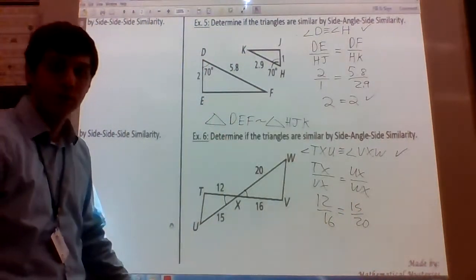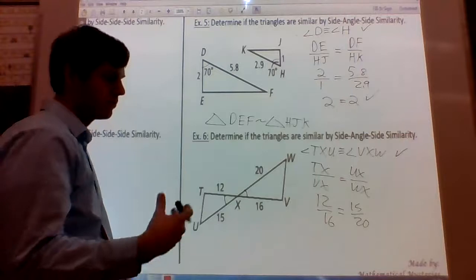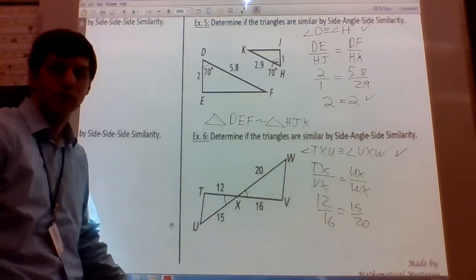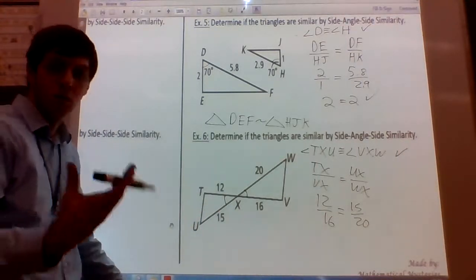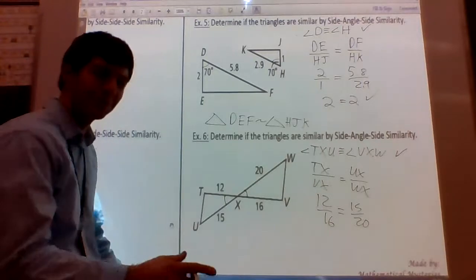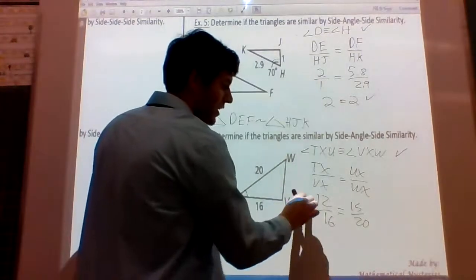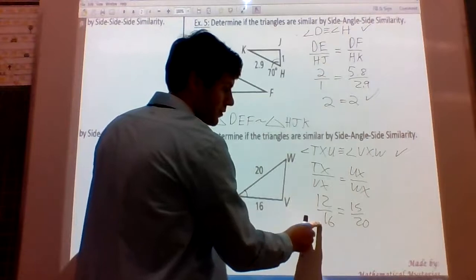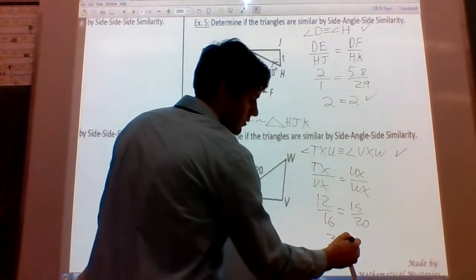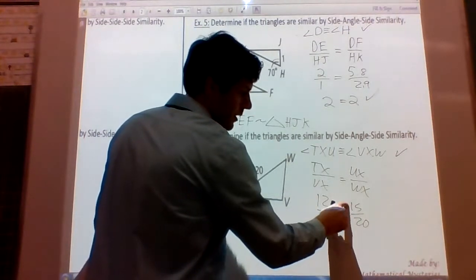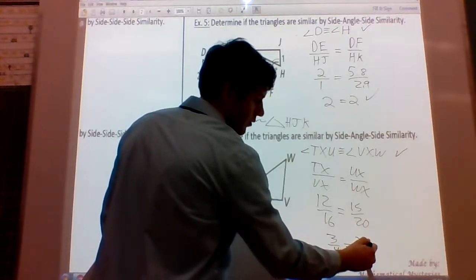Okay, reduce the fractions. You can put them in the calculator if you want and get a decimal. It'll give you 0.75 for each one. Or we can just reduce the fractions. Divide the numerator and the denominator by 4, we get 3/4. Divide the numerator and the denominator by 5, and we get 3/4.